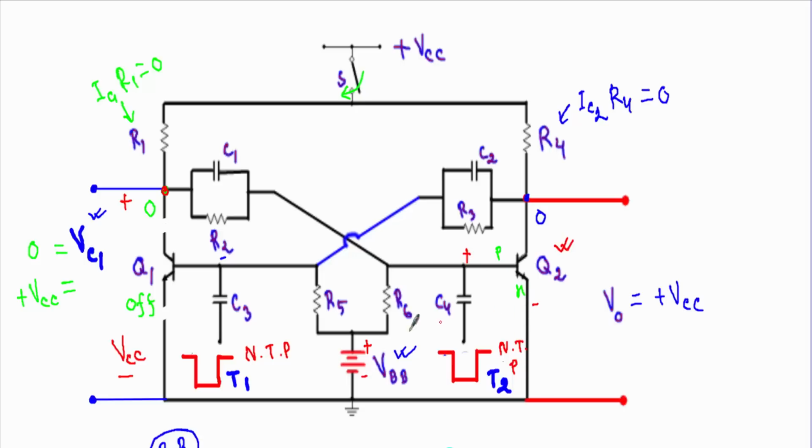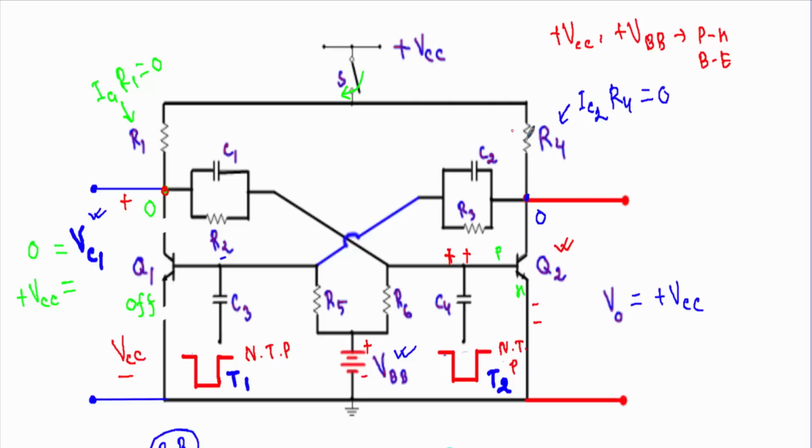In addition, the positive terminal of this VBB will also be connected with the p-type base, and the negative terminal of this VBB is also connected with the n-type emitter. That means if I consider the mutual effect of our plus VCC and plus VBB, both of them are trying to drive the PN junction, or the base to emitter junction, of the transistor Q2 in forward bias.